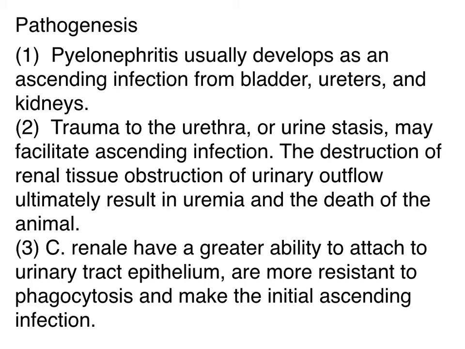Corynebacterium renale has a greater ability, القابلية العظمى, to attach to the urinary tract epithelium, is more resistant to phagocytosis, and makes the initial ascending infection, صاعد. هنالك descending وهنالك ascending infection. في هذه الحالة pyelonephritis هنالك ascending infection, التهاب صاعد.